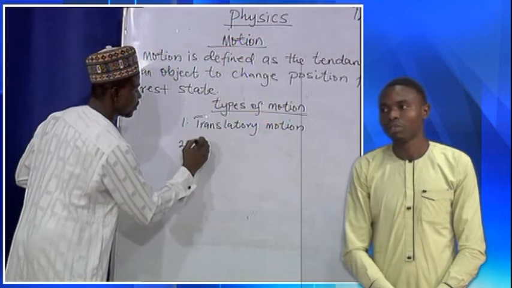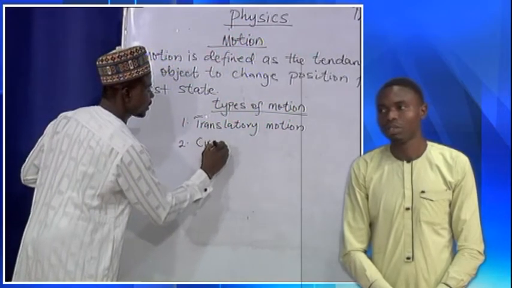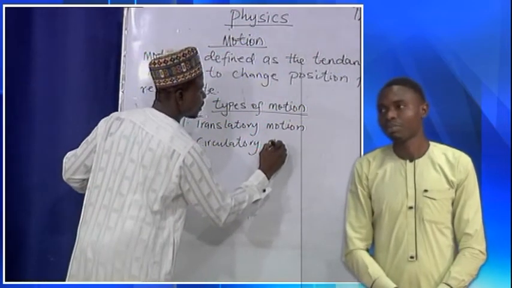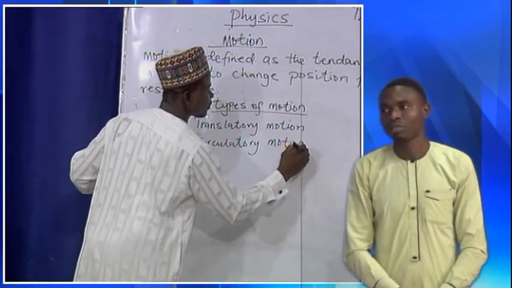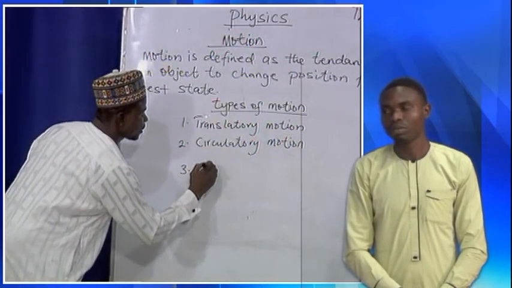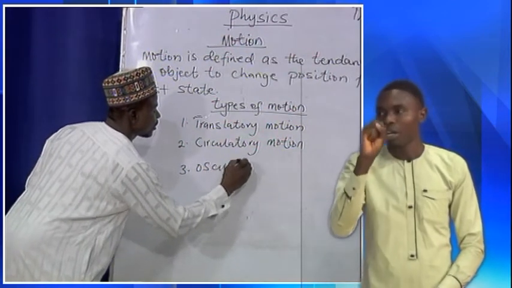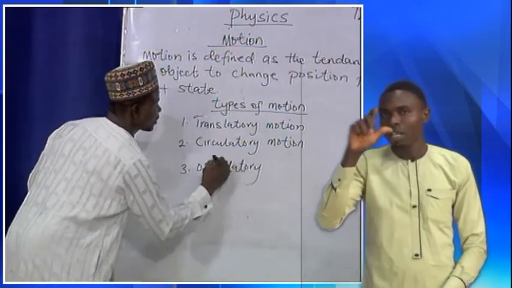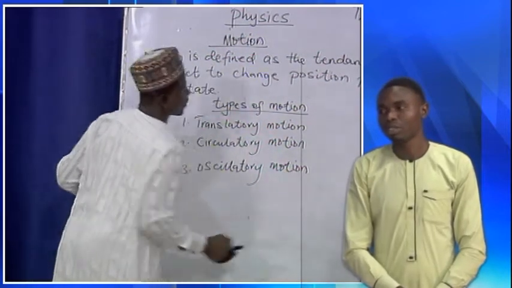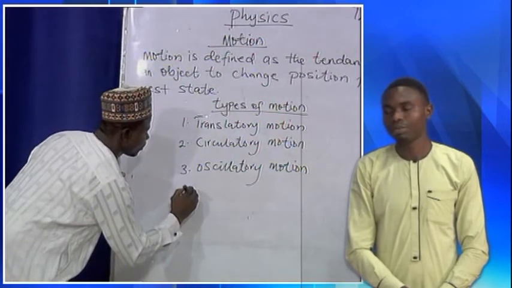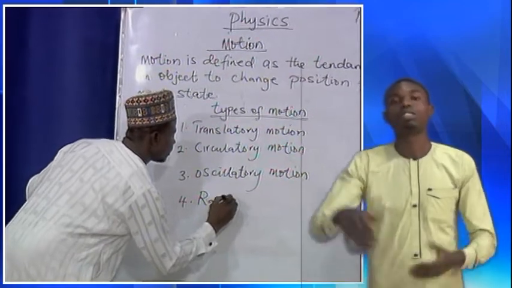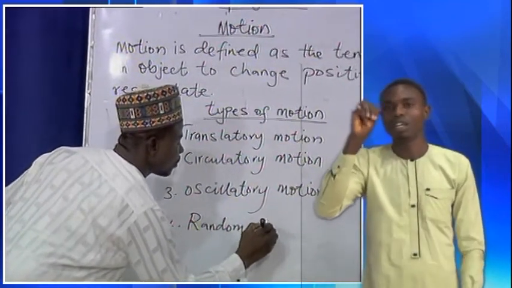Number 2 is circulatory motion. Number 3 is oscillatory motion. And then number 4, we have random motion.